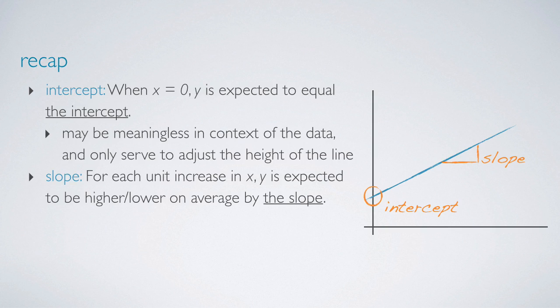For each unit increase in x, y is expected to be higher or lower on average by the value of the slope. So this basically tells us as we increase x by 1 unit, what do we expect to happen to y? And once again, depending on the type of study you have, you want to be careful about interpreting the slope in a causal versus a correlational way.